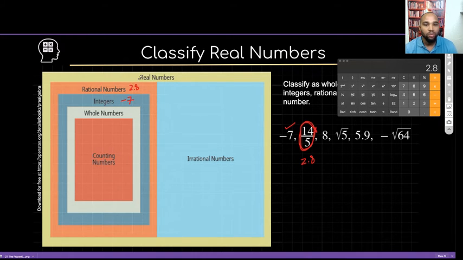So we could have just said real numbers. All these are real numbers, but we want to get as specific as we can, and the most specific we can there is rational number. What about 8? Well, 8 is easy because that's just a counting number. So got that one. And square root of 5.